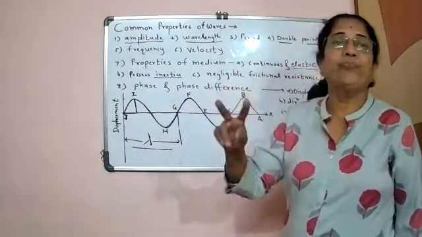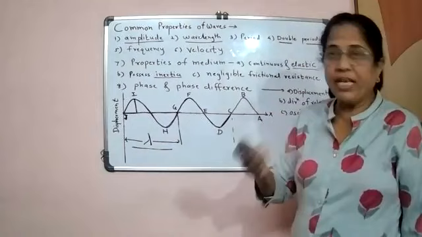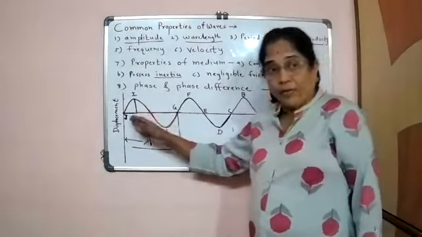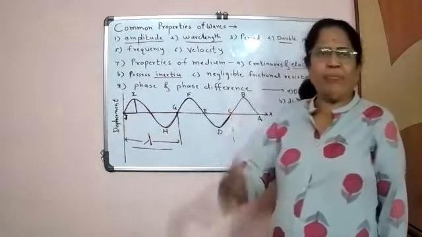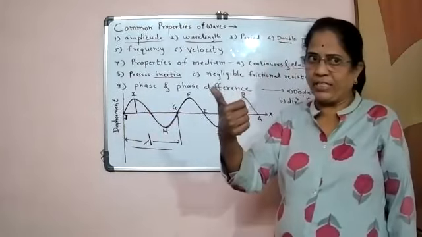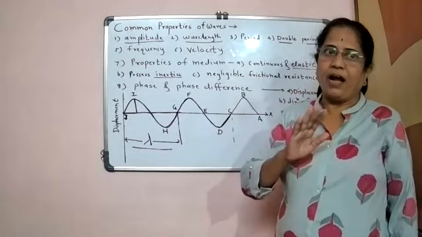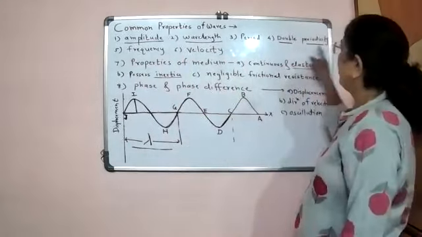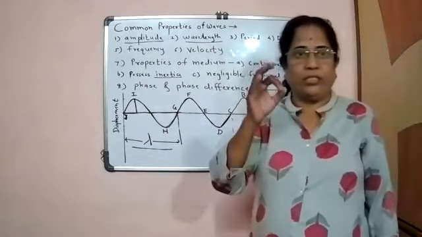So what is double periodicity? You can say that the form of the wave repeats itself after equal distances and after equal intervals of time. This is double periodicity of the wave.